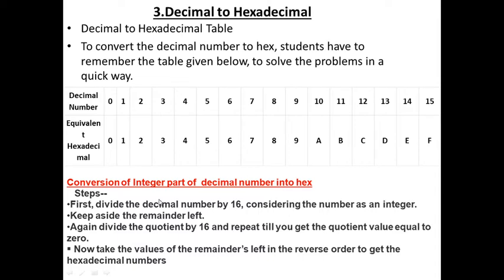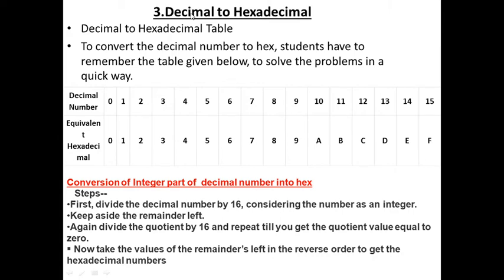Now let's go for the next type of conversion, that is decimal to hexadecimal number. Now we have already seen this table. I'll just repeat it. The decimal numbers from 0 to 15 are written. The equivalent hexadecimal is 0 to 9, and then you have capital A, B, C, D, E, F. You know that hexadecimal uses 16 symbols.